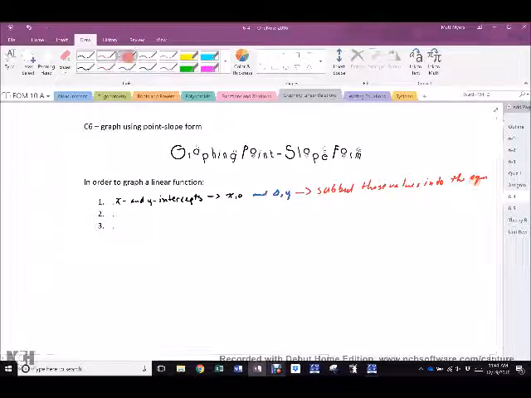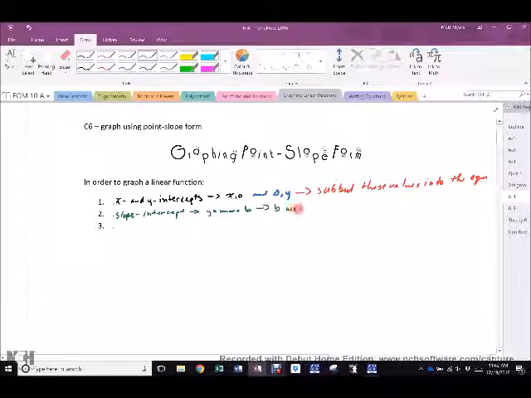equation. Then I showed you a second way to do it, and that was slope intercept, which was y equals mx plus b. B was the starting point, as the y-intercept.